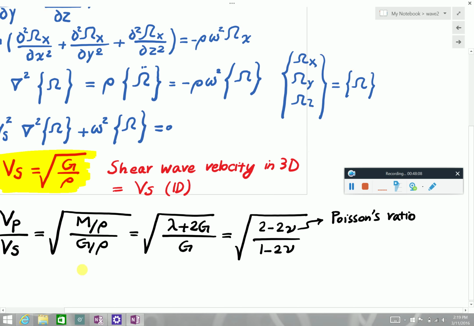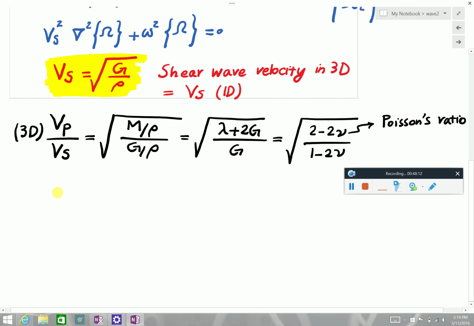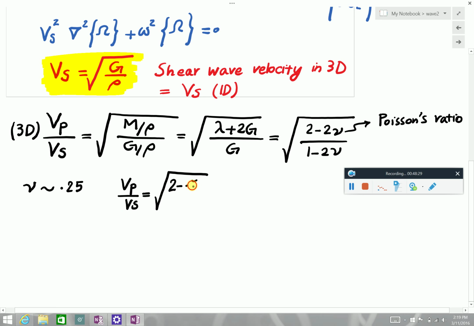So let's say for concrete nu is about 0.25. So this ratio is 2 minus 0.5 and then 1 minus 0.5.